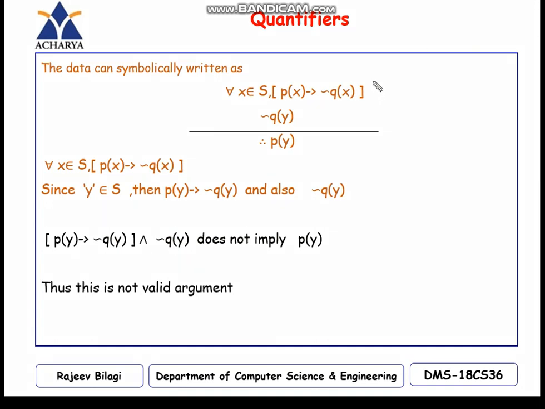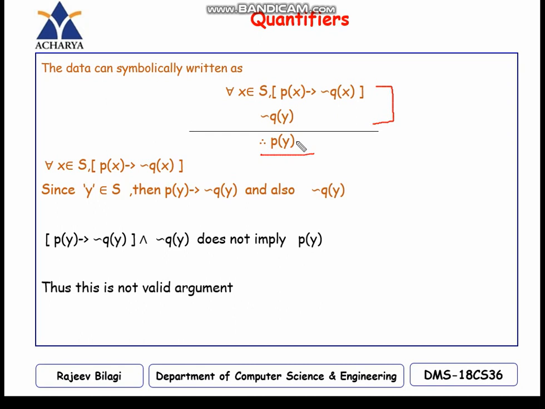Now this is my statement. I need to check whether this is correct or not. So what I need to do is to conclude this from these premises. If I perform that, I should get this, otherwise the quantified statement is an invalid argument.